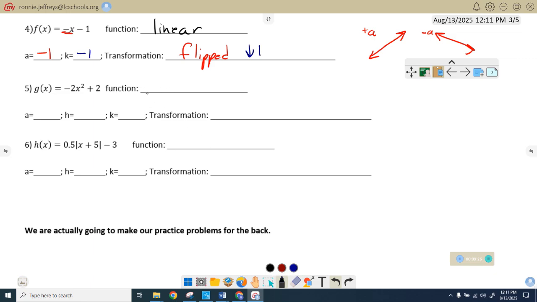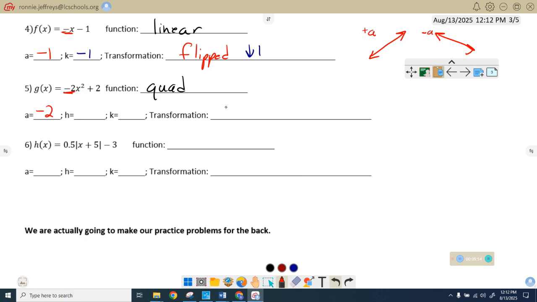All right, number 5, what type of function? Quadratic. All right. A has a lot of stuff going on with it, okay? It's negative, and it's a -2. We're going to read it for our transformations like it's written. So it's negative, correct?